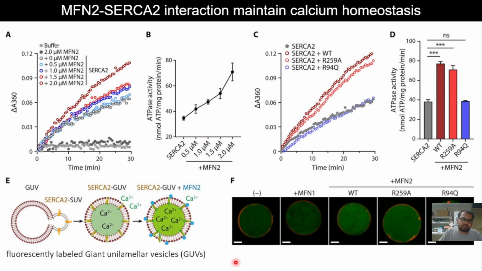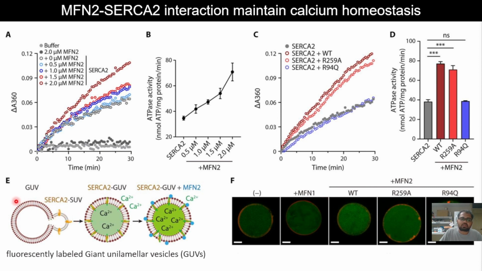In this experiment, to validate this data more, they used giant unilamellar vesicles. So what can we do here? These vesicles can be fused with smaller vesicles which contain these molecules. For example, in this case, the SERCA2 is here.